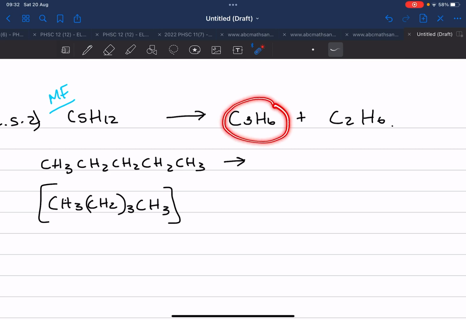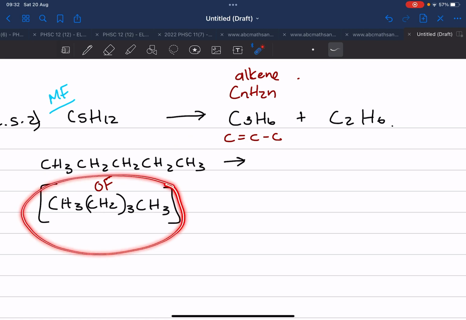Looking at this, I see that this is CnH2n, meaning it's an alkene, meaning there's a double bond somewhere. Where will the double bond be? It can either be on the first carbon or the other way around. They won't mark this one wrong. This one is a new way of writing that in some countries means something else, so that's why I prefer this one, in case you study in Berlin one day.